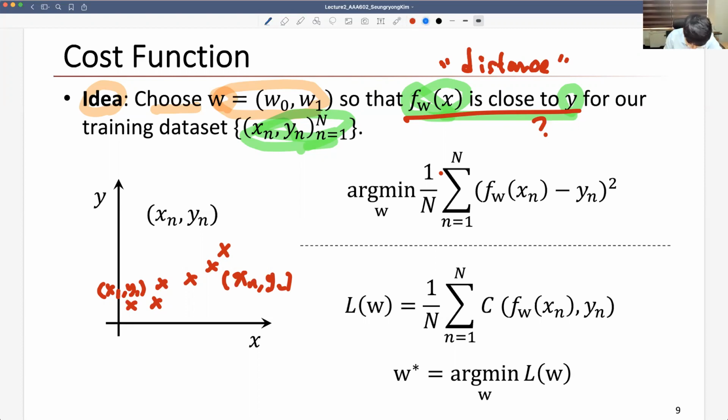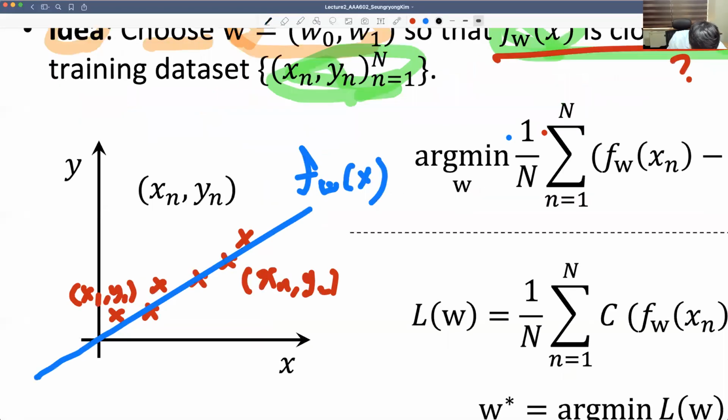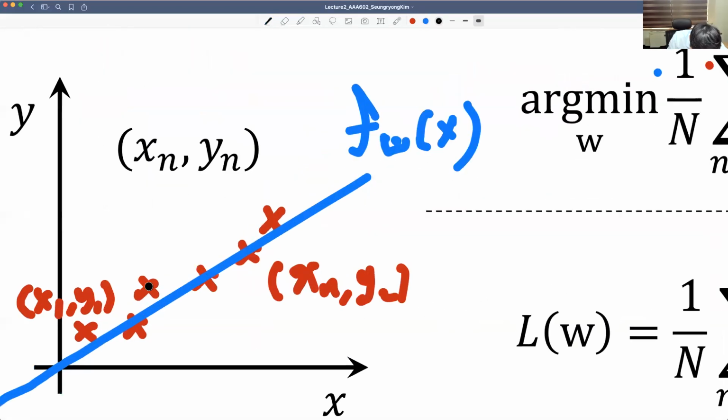First of all, when we draw some straight line here, which might be our mapping function, something like that, then we can compute the distance between the real value and the estimated one.